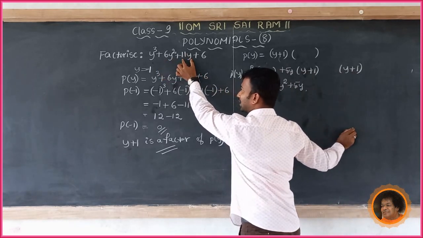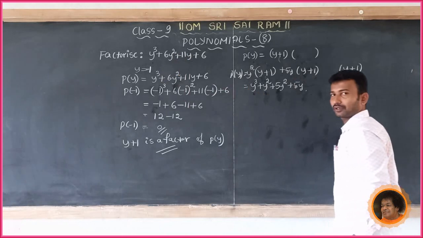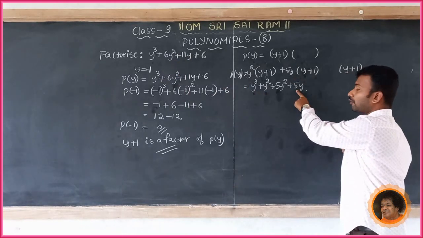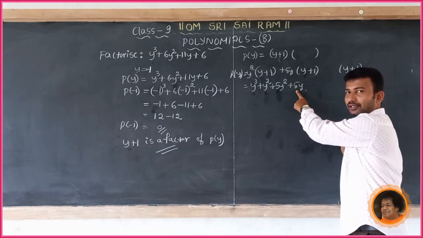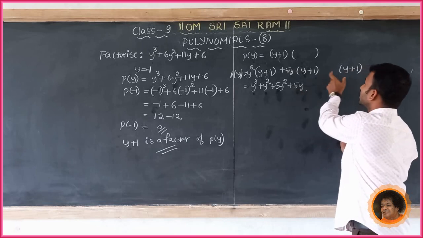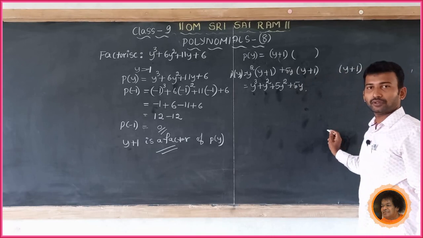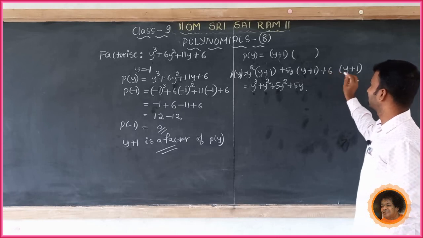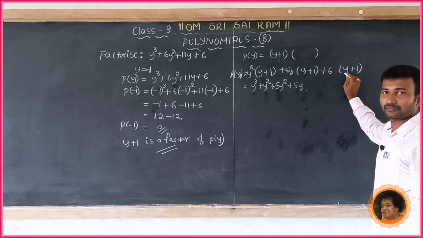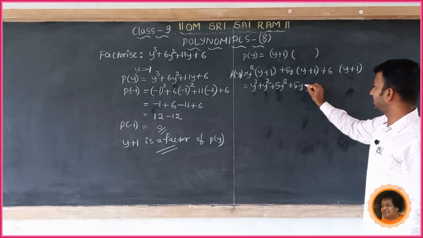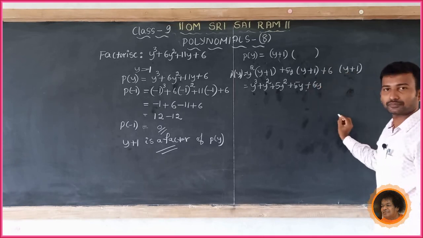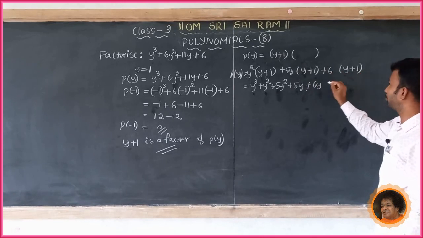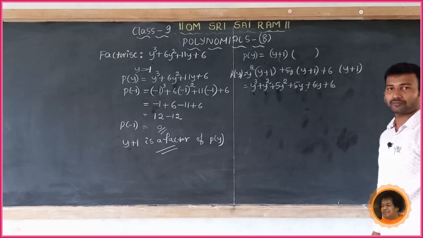Next, the third term is 11y. But we have already 5y here. We need 6y more. So how to get 6y more from this expression? In the last term, we already have y. By multiplying 6 to this expression, plus 6 into y is equal to 6y, plus 6 into plus 1 is equal to 6.